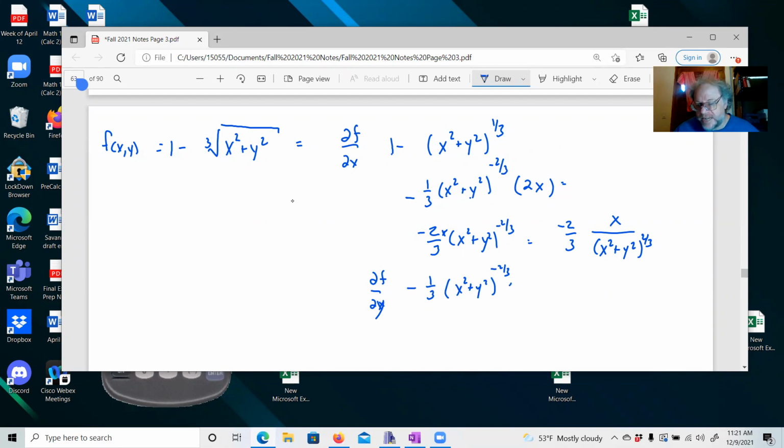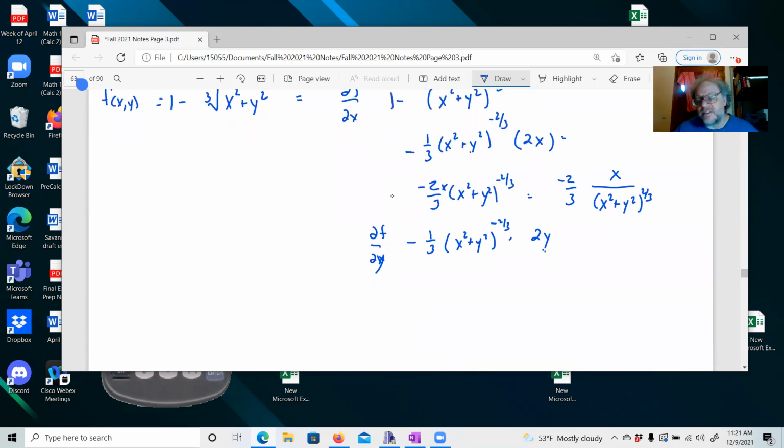And then we need a chain rule, that's going to be times 2y. x in this case is constant, so 2y. But we don't get rid of the x here because it's still inside. We're still taking the derivative of the cube root function first. So what we're going to have is negative 2/3 y over x squared plus y squared to the 2/3.